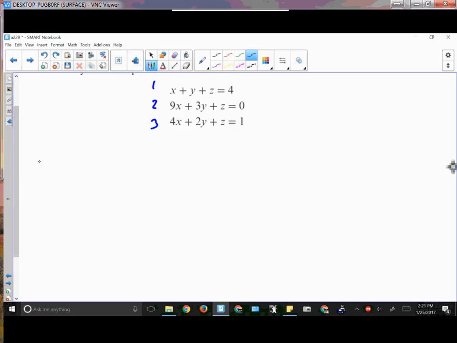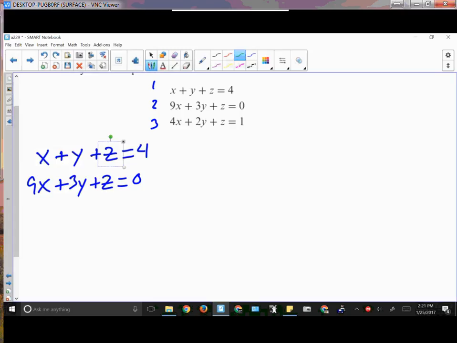So I'm going to write down this first as x plus y plus z is equal to 4, and 9x plus 3y plus z is equal to 0. That's one pair. Then I am going to take 1 and 3.